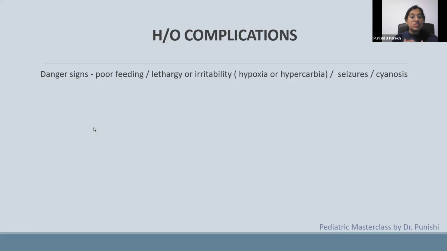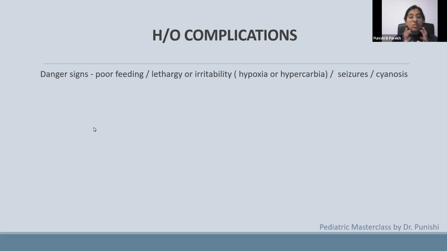So, what complications are you worried of when it comes to the involvement of the respiratory tract? It could either be respiratory failure, so it can lead to cyanosis, hypoxia, which will present as lethargy, irritability, seizures, or last but not the least, poor feeding and lethargy.